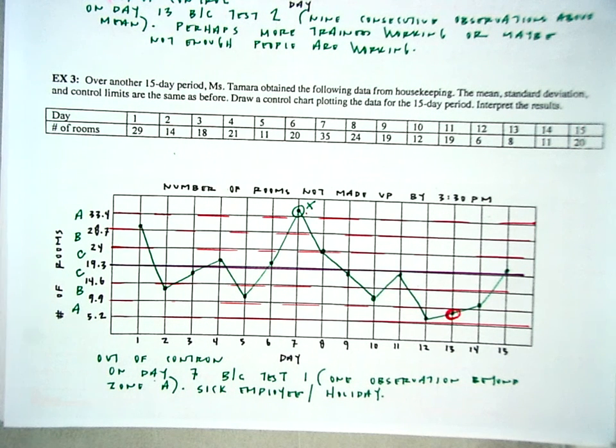And in this case, it looks like they're being really efficient, so maybe they're overstaffed. Maybe they have too many people on staff because they're leaving fewer rooms not made up by 3:30 down in here. So they're being really efficient, maybe overly efficient. Maybe they are overstaffed in this instance.